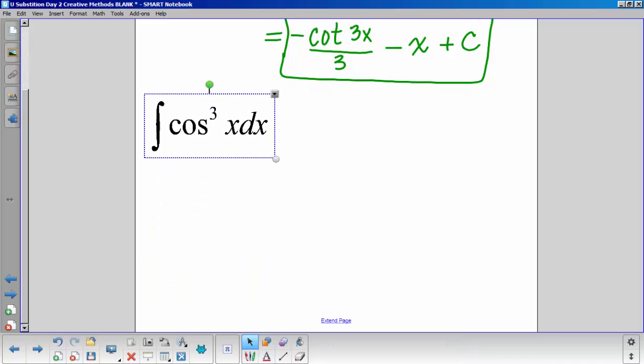What about cosine cubed? If we were to let u equal cosine x, what's du? Negative sine x dx. Do I have a sine x dx in my integrand? No. Is there a way to bust this up where I might?